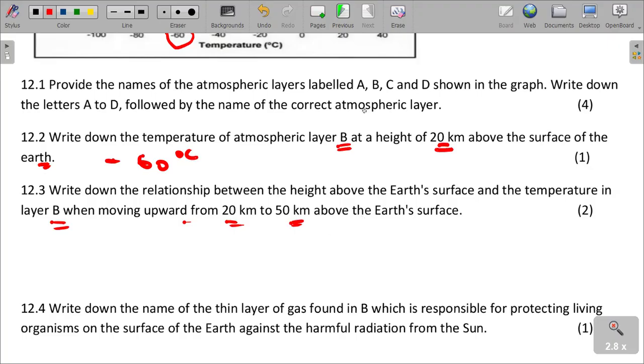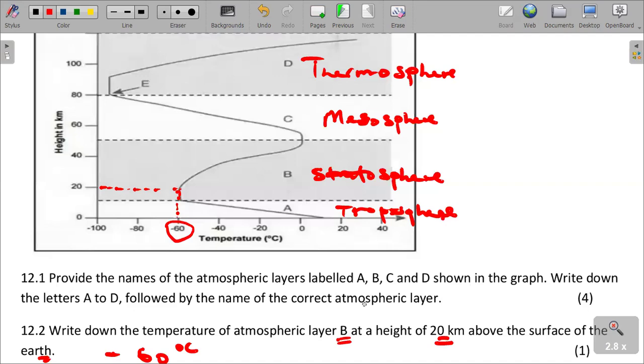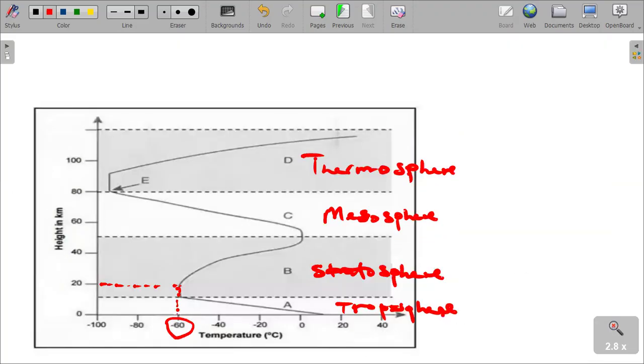So as we move from here to 50, what happens?